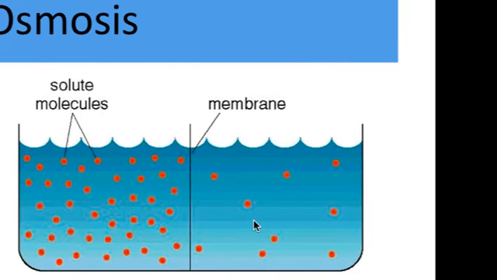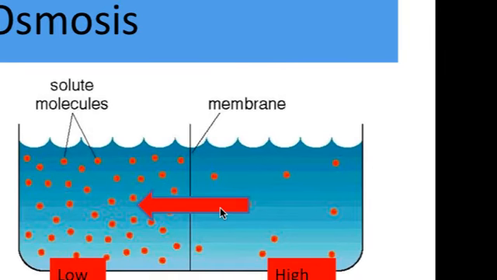Whereas on this side, the right-hand side, we have lots of water and low solutes. So the right-hand side has a higher concentration of water than the left-hand side. So we'll label those as high water content, low water content. And therefore we know the water is going to move from the high to the low, which is the right to the left.